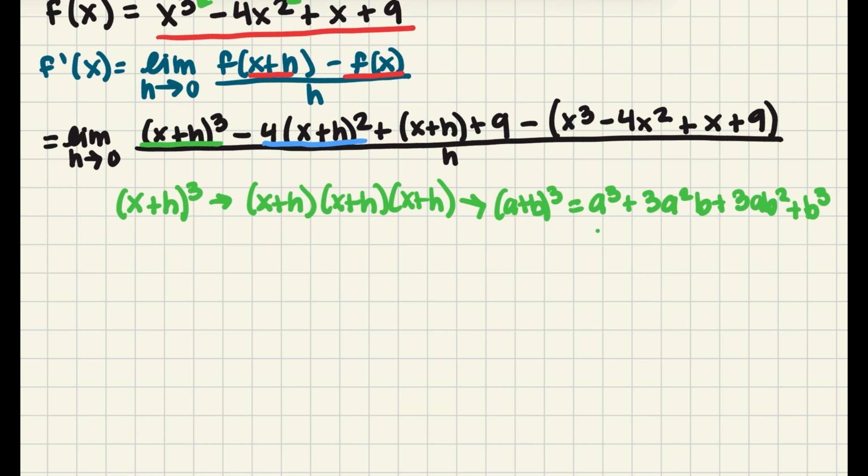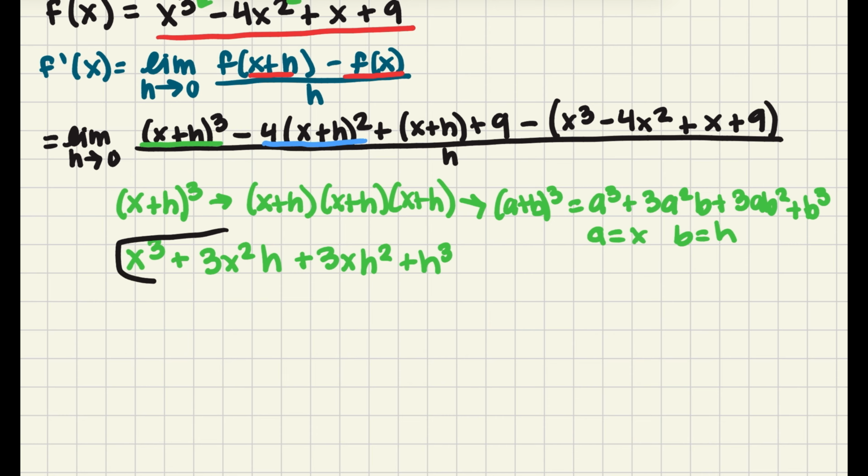And here this a is going to equal our x and the b is going to equal our h. So that is going to give us x cubed plus 3x squared h plus 3xh squared plus h cubed. So this right here is what we're going to plug back in.